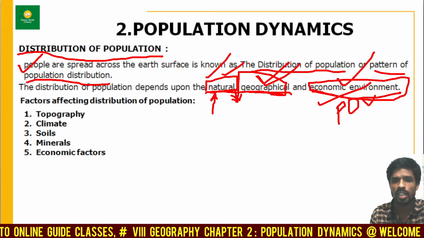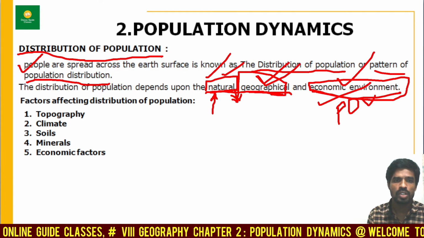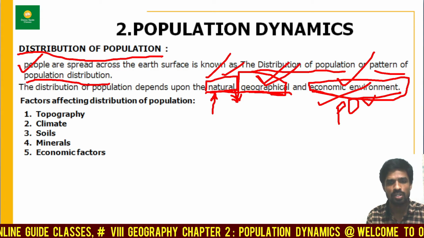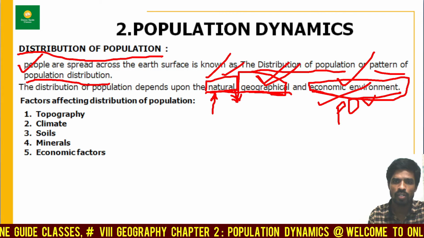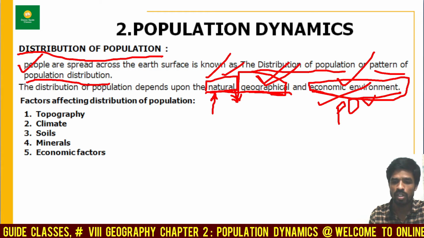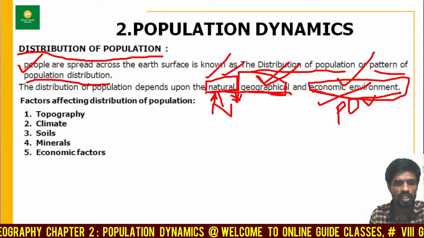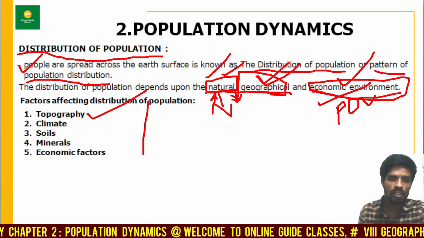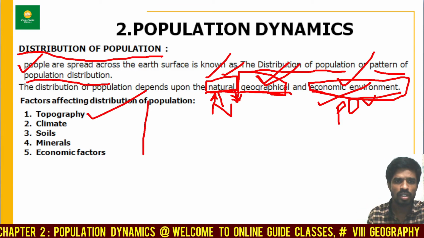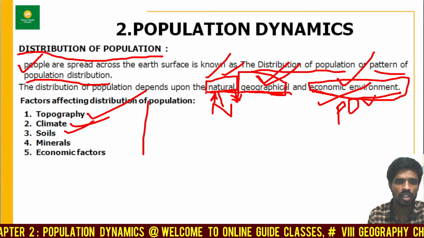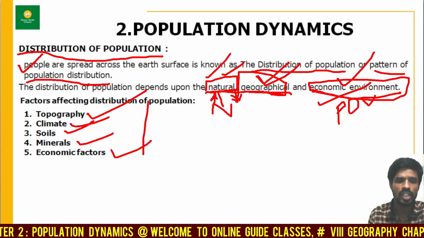So that comes under economic environment. So the distribution of population depends on these three things: natural, geographical, and economic environment. There are 5 factors affecting the distribution of population. The first one is topography, second is climate, third is soils, fourth is minerals, and fifth is economic factors.